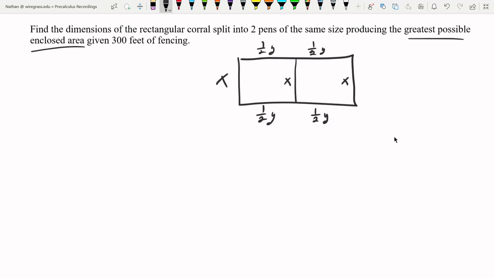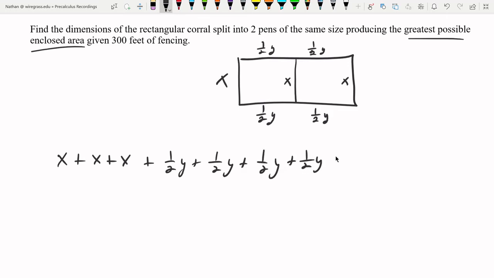And if we're asking what is the greatest possible enclosed area, if we're given 300 feet of fencing, well, 300 feet of fencing is going to be adding up all of these sides. And I have all the sides labeled, so let's go ahead and add them up. We have x plus x plus x, that's these three inner bits. And now these four portions, that's going to be 1/2 y plus 1/2 y plus 1/2 y plus 1/2 y. This is the perimeter.